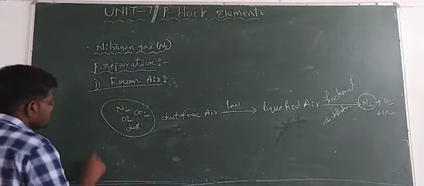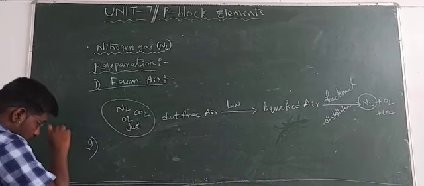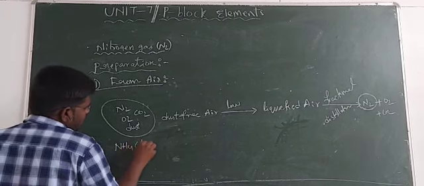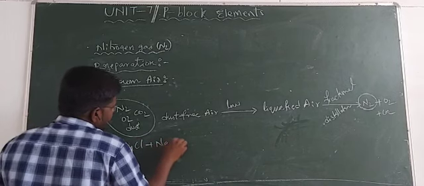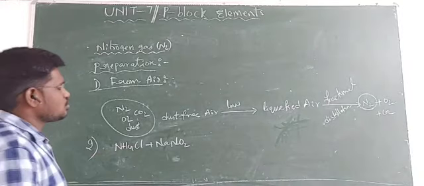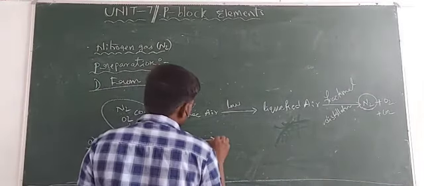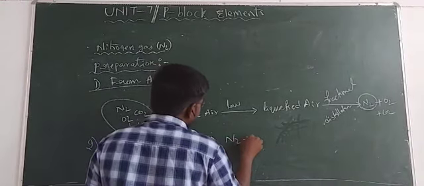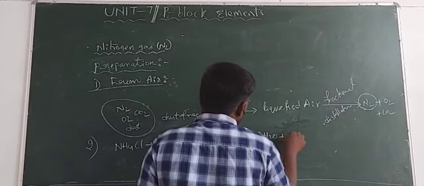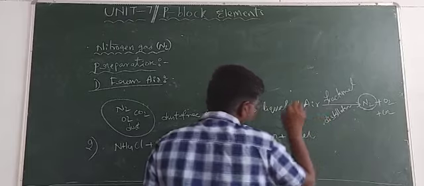Second method: we get nitrogen by treating ammonium chloride with sodium nitrite, NaNO2. When you treat ammonium chloride with sodium nitrite, we get nitrogen gas, 2 moles of water, and sodium chloride.